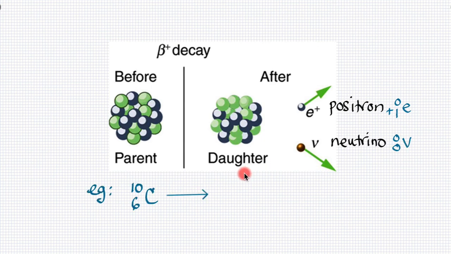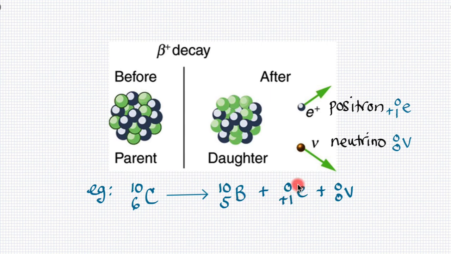Now, an example of this beta plus decay is if we take this isotope of carbon. In this particular case, we've got 10,6 carbon, so proton number 6, nucleon number 10, and one of the actual neutrons releases a positron. That means it leaves the nucleus with 1 less positive charge, turning it into a 10,5 boron nucleus.